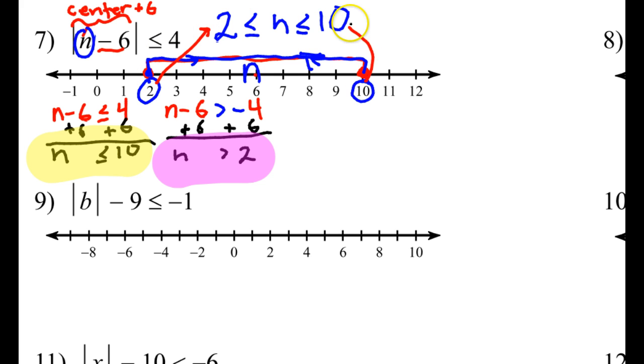Your bigger number should be on the right. The variable should be in the middle, and then always use less than or equal to. So if you read this the correct way, your answers are between 2 and 10. When they're greater than, you can only put the word or between the two inequalities. But that's another way of writing it. So on all these, you can write your answers like this.